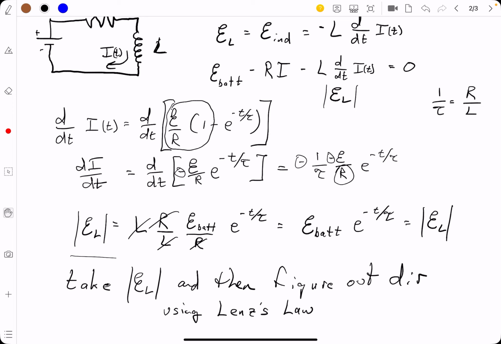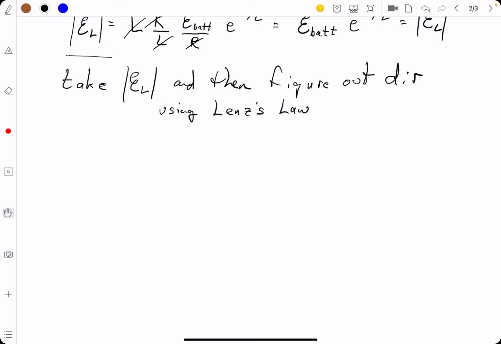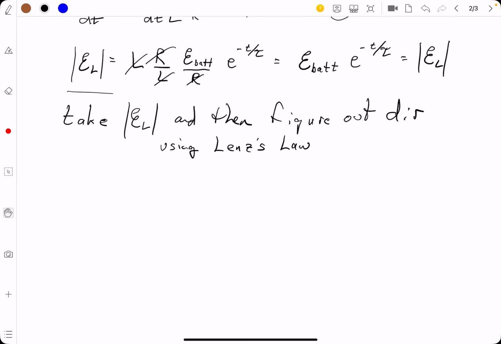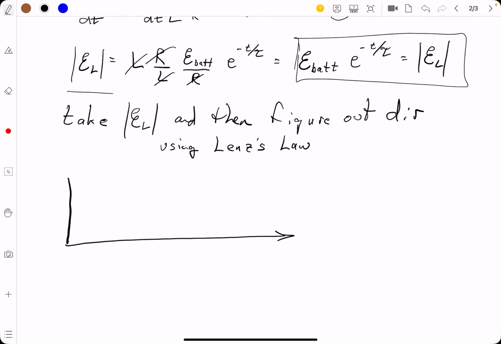Okay, we've run out of time, but I'm going to just take one final second to graph this one right here. So we're just going to look at the graph of our EL as a function of time.